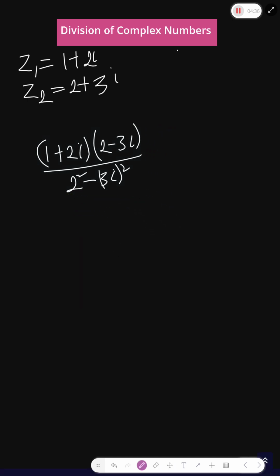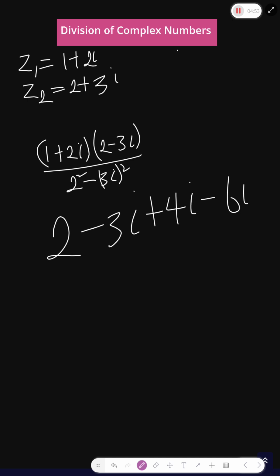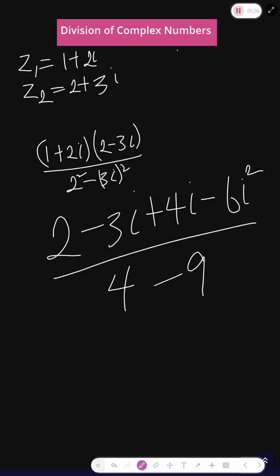If we simplify this, if we open the bracket, 1 times 2 is 2. 1 times minus 3i, you have minus 3i. 2i times 2, you have plus 4i. And 2i times minus 3i, you're going to have minus 6i squared. Remember that i squared is equal to minus 1. So in the denominator, you're going to have 2 squared, that is 4, minus 3 squared, that is 9, times i squared, which is minus 1.